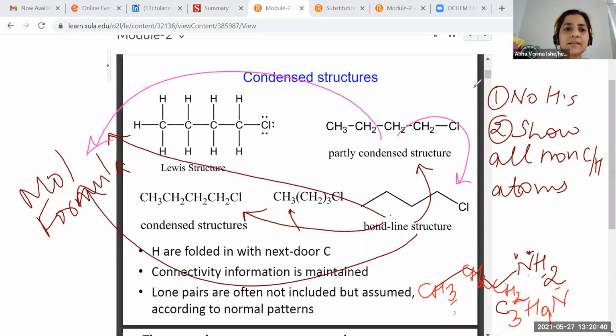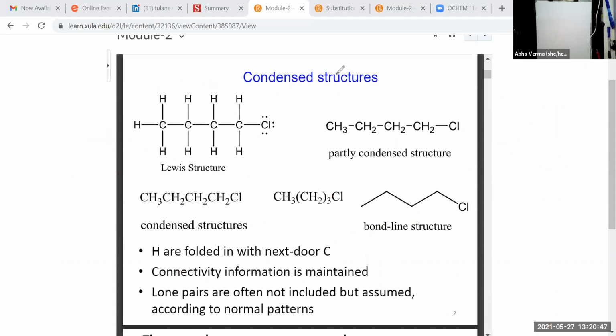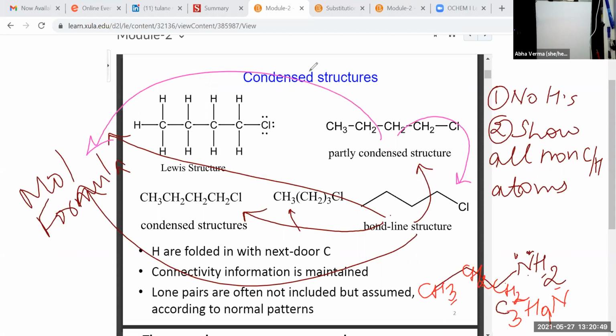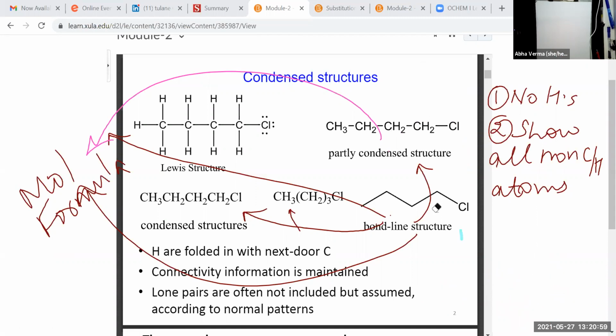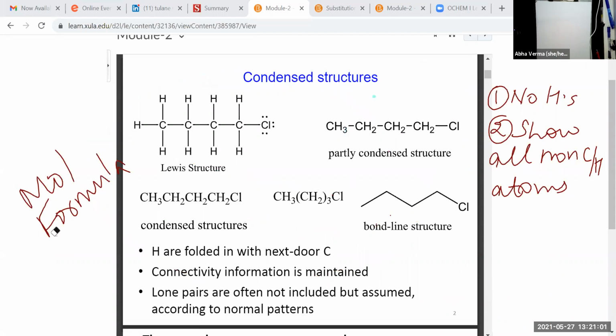So the other thing that you have to remember about this is, oh, I deleted it again. When you have your bond line structures, every dot is a point. Let's write that also.